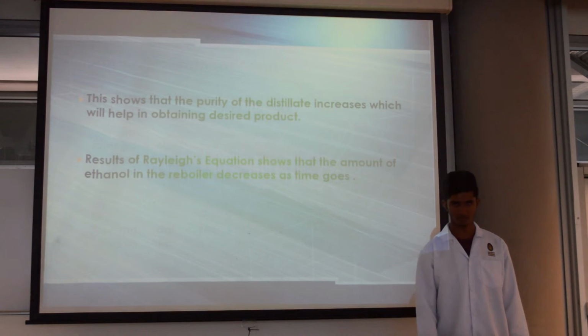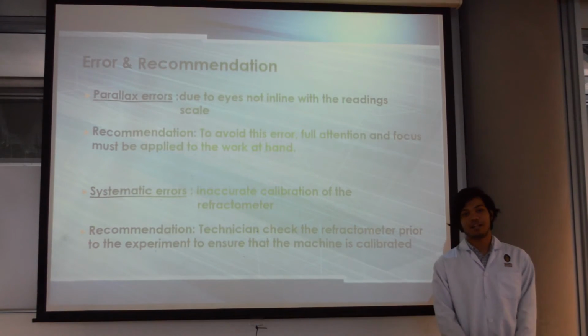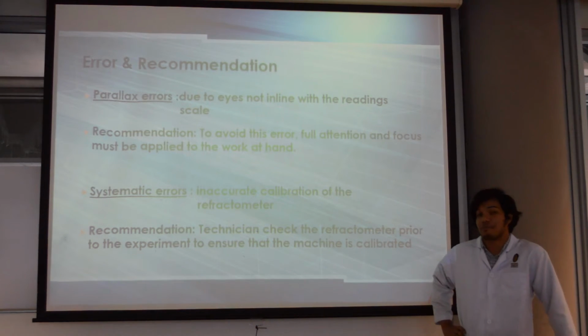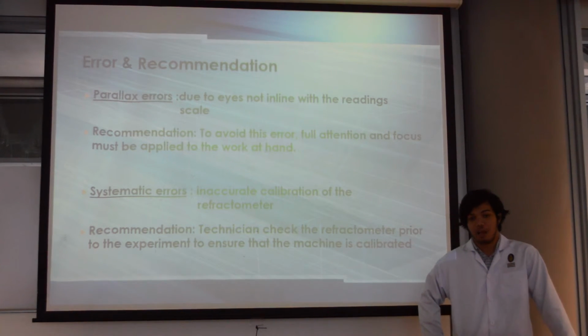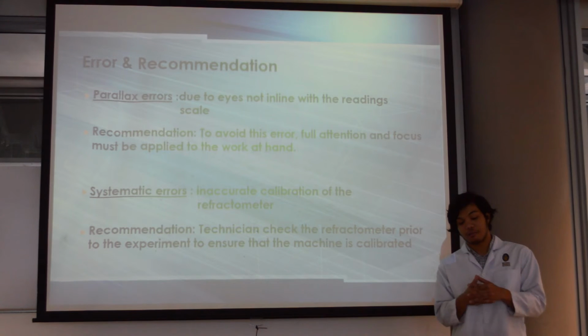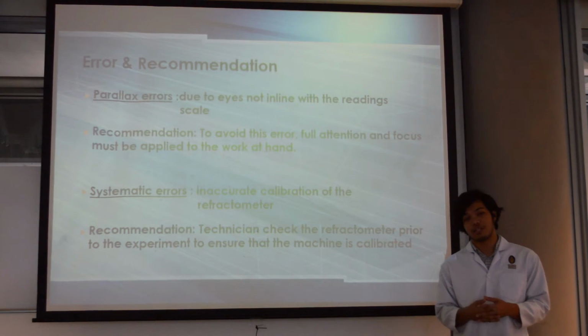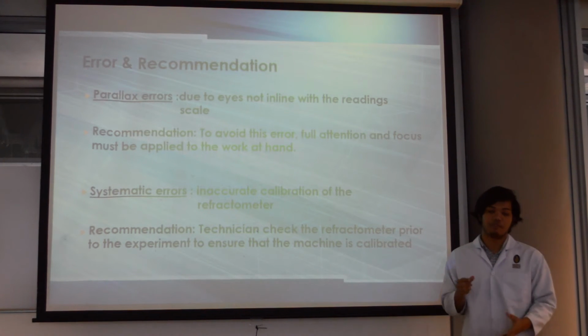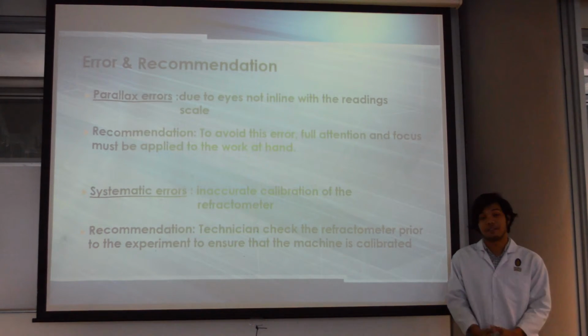Thank you. Hello, my name is Hanif, and today I will be presenting the errors and recommendations for this experiment. I will also be concluding this presentation. During the time we were doing this experiment, we found several errors, one of them being the parallax error.